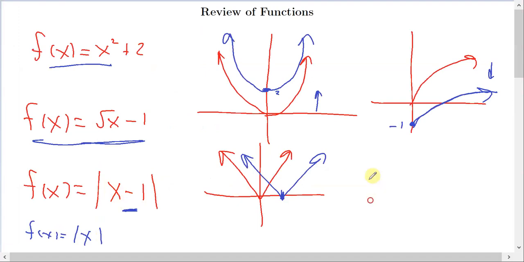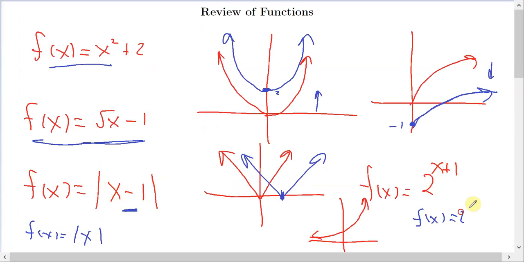So if I have something like f of x equal 2 to the x plus 1, that's happening on the inside of my exponential function. Here's my basic exponential growth. And then if I add 1 on the inside of that function, it's actually going to reach back 1 unit. Normally on f of x equal 2 to the x, if I plug in 0, then I get 1.